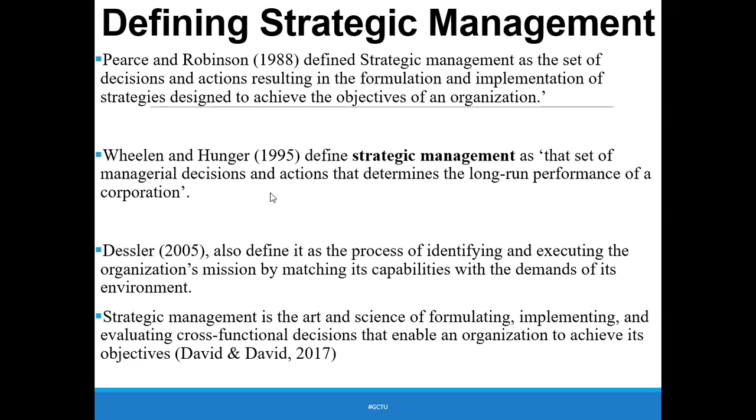All right. In essence, strategic management can be said to focus on integrating cross-functional activities such as the activities of management, the marketing department, the finance and accounting department. If you have a production unit and operations, they also become essential here. Research and development department.